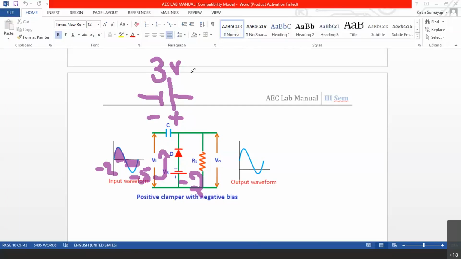Now what happens is, this 3 volts, positive side is towards the output. So plus 3 volts gets added to the input. Now you can see the signal goes up by plus 3 volts. So how much should I write here at the top? How much should I write here at the bottom? Can anyone tell me how much should I write here at the top? 8.